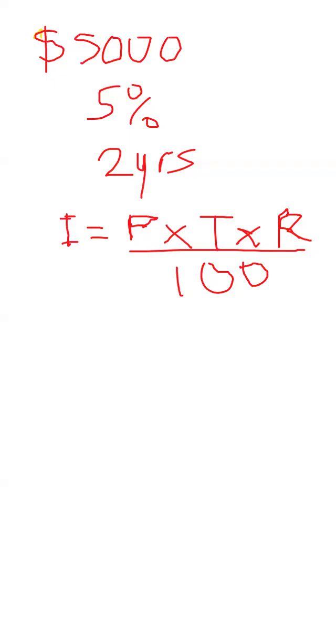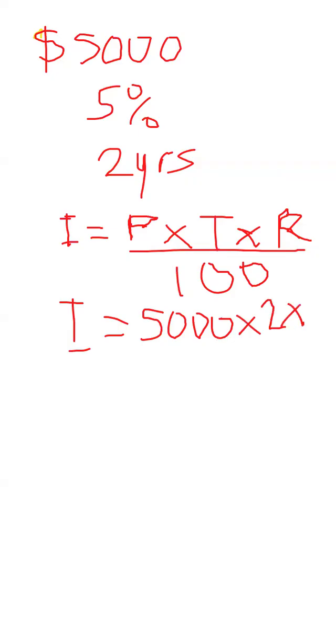So we would have that I, if I follow this formula, would be equal to 5,000 times 2 times 5. The rate is 5. And then we can now have our 100 underneath. Can you still see my screen?